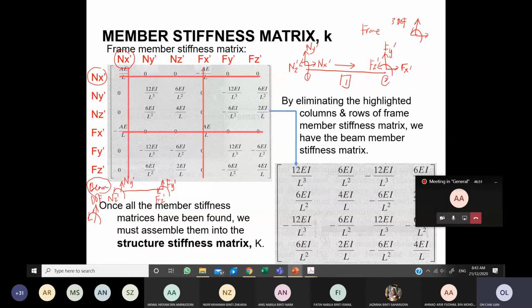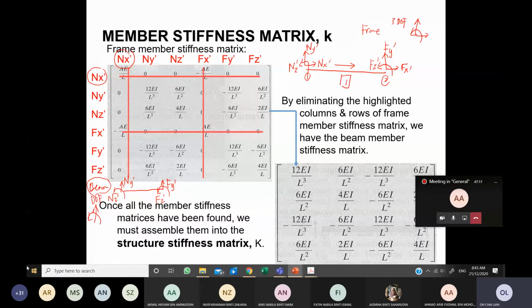So NX prime, FX prime, you don't use it because you do not have that direction of the DOF or forces at that direction. Once you eliminate that, you will quickly find this template, or this is the member stiffness matrix for your beam.